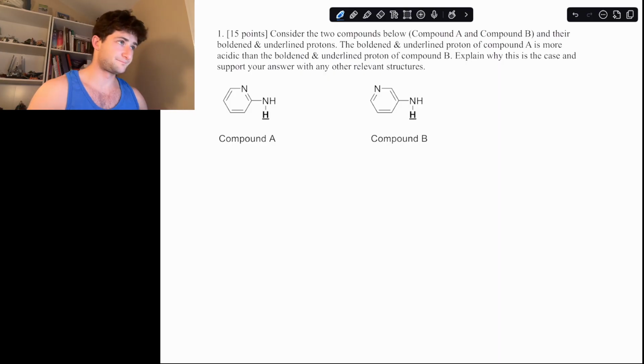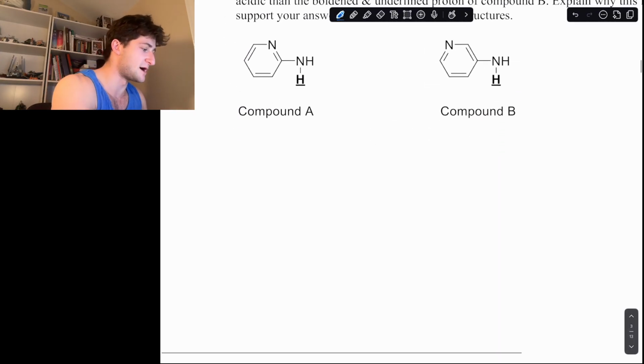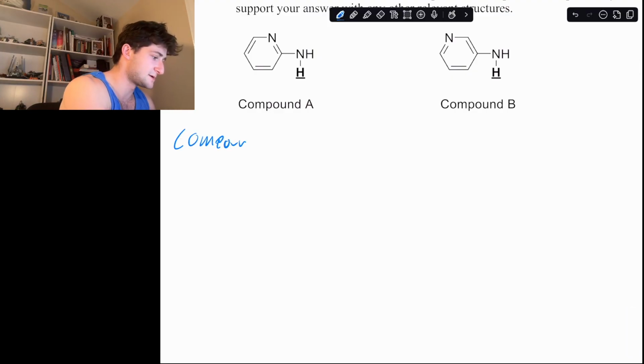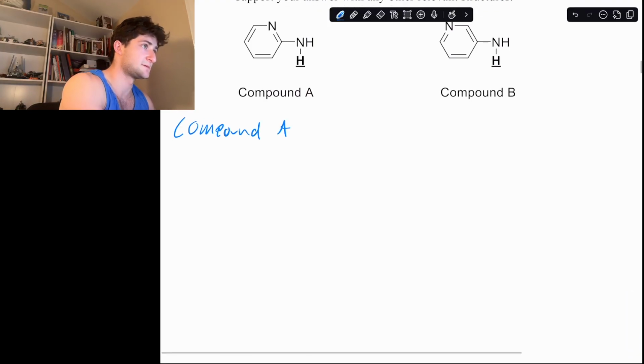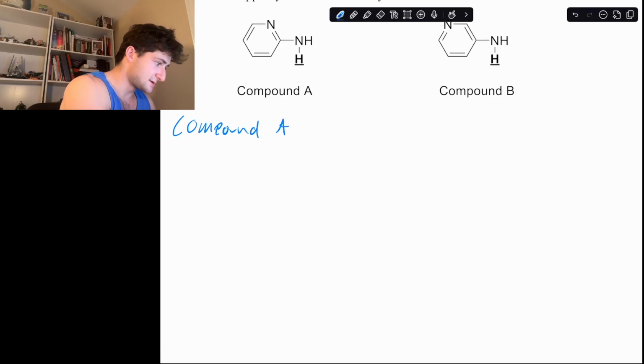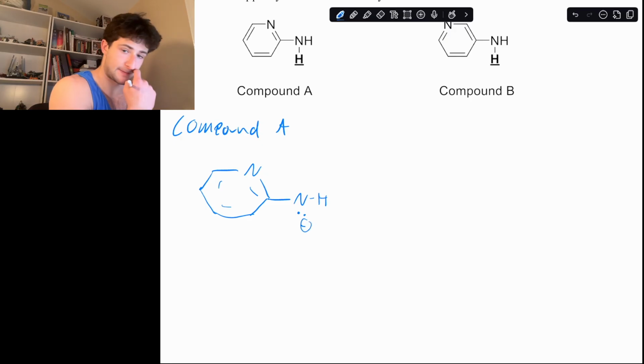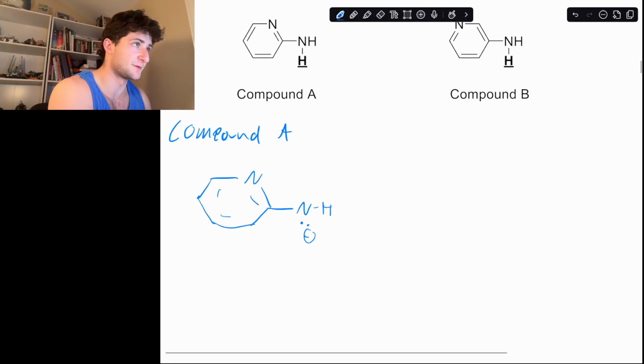So, I'm going to just draw the conjugate base for compound A, which looks like this. So, just going to go in for resonance.